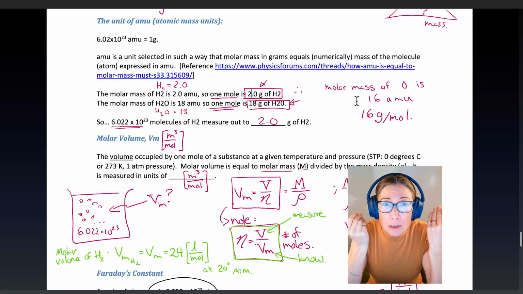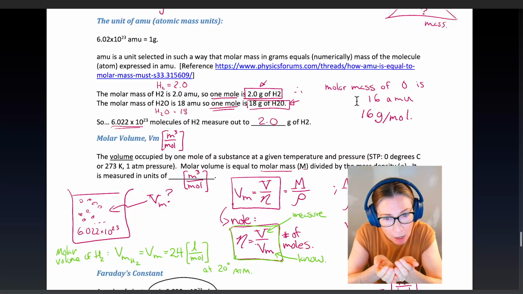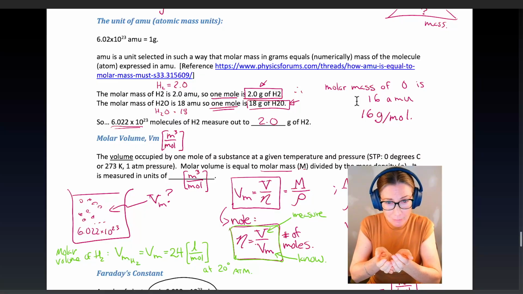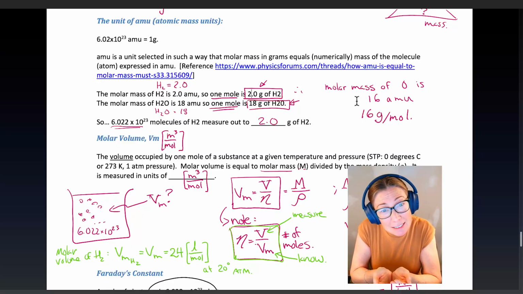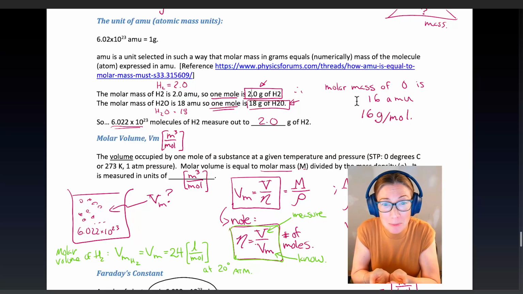Now water, you can imagine because you can see water. So here's the water, sitting here. If this amount of water weighs 18 grams, then I know I've actually counted 6.022 times 10 to the 23 molecules in there.